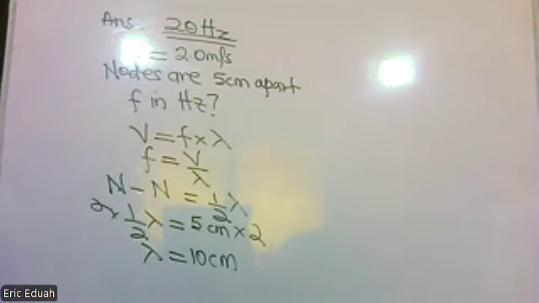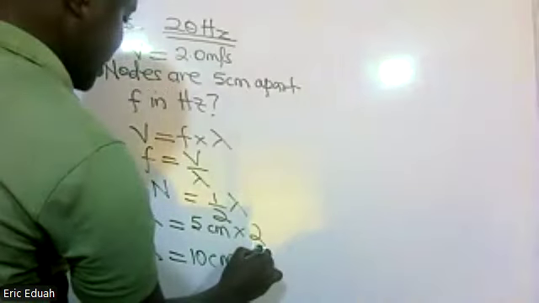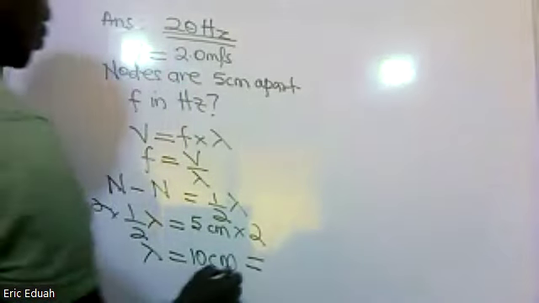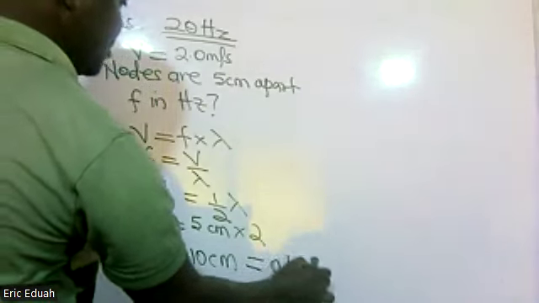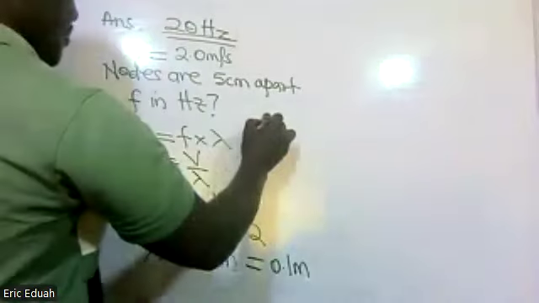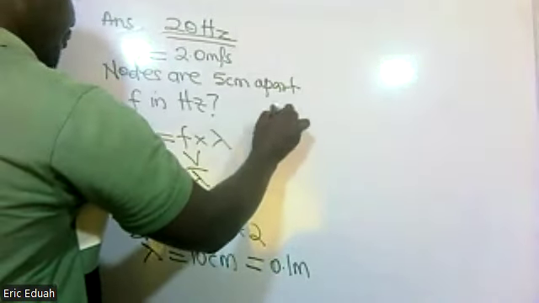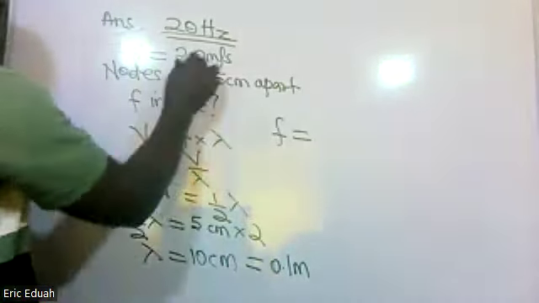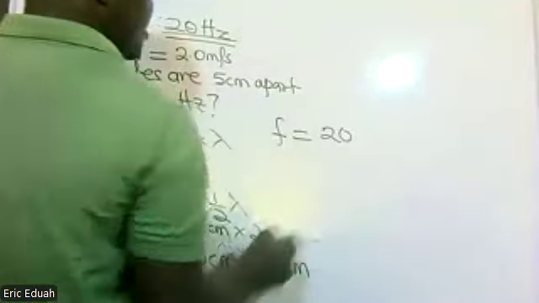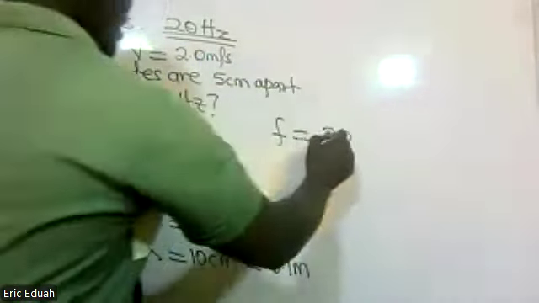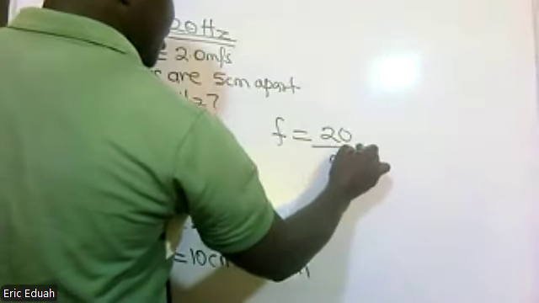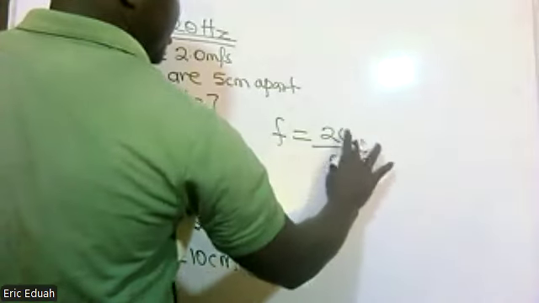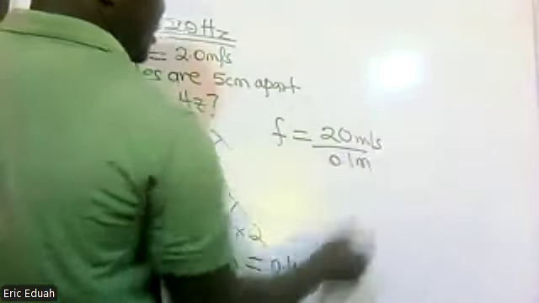So if lambda is 10 centimeters, and 10 centimeters is equal to 0.1 meter, therefore the frequency would be equal to velocity, which is 20 meters per second, divided by the wavelength of 0.1 meter.